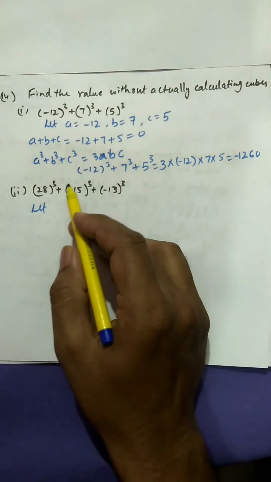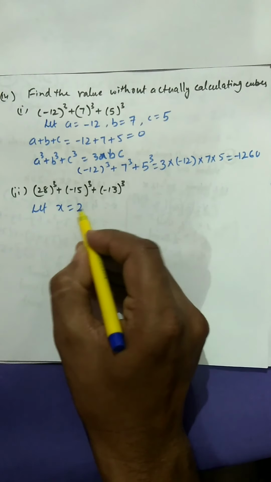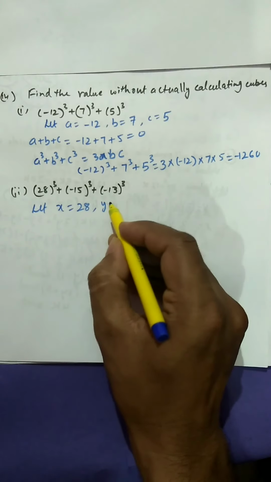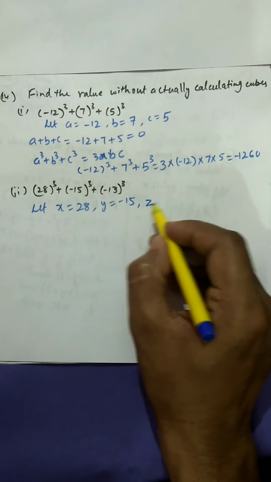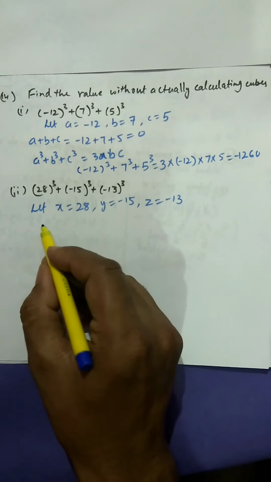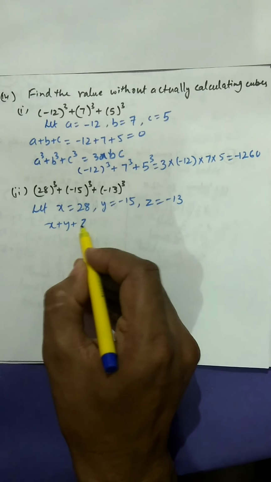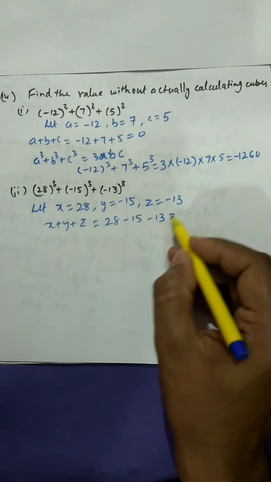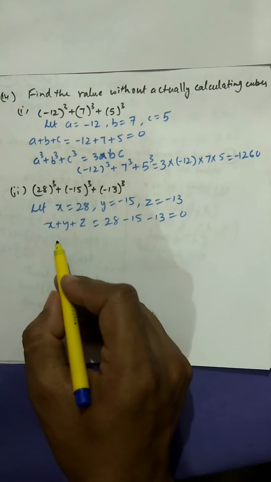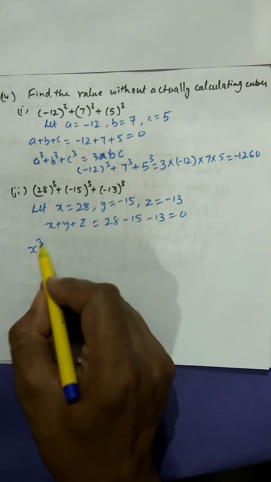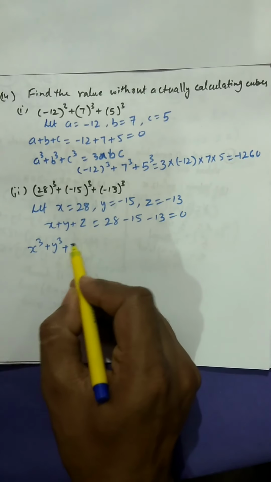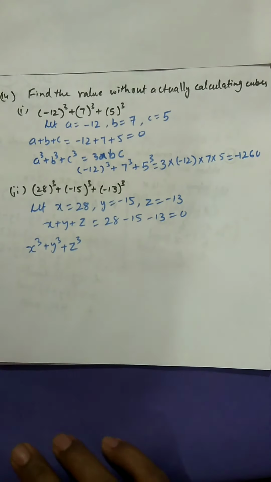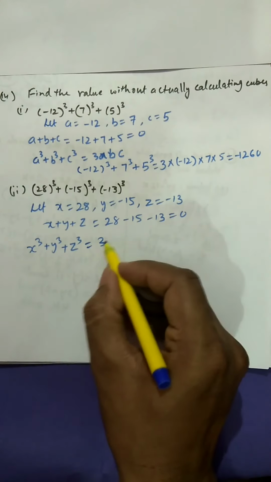Now see this second part, let x equal to 28, y equal to minus 15, and z equal to minus 13. So we do x plus y plus z. So this is coming 28 minus 15 minus 13, and the sum is 0. So it means your x cube plus y cube plus z cube will be equal to 3xyz.